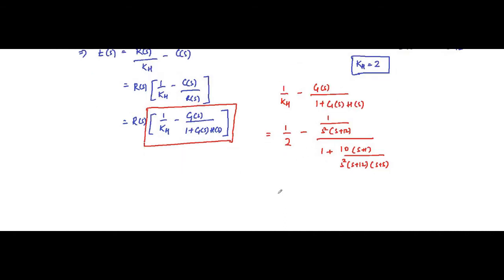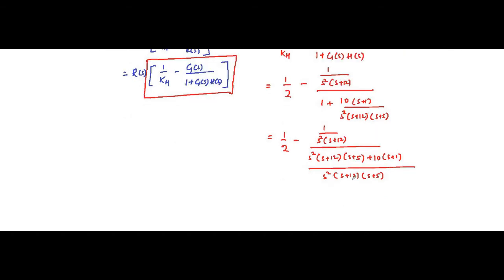So then it becomes 1/2 minus [1/(s²(s+12))] by [(s²(s+12)(s+5) + 10(s+1))/(s²(s+12)(s+5))].